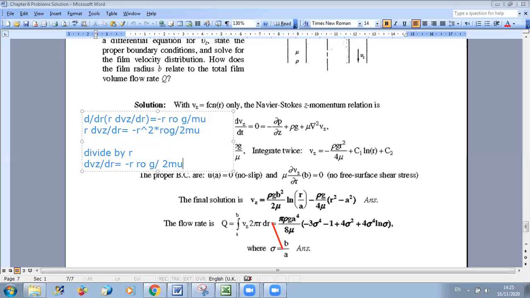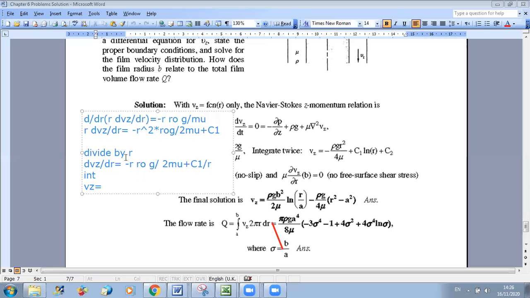Now I integrate a second time with respect to r. We forgot to add a constant, so please don't forget the constant, plus c1, and when we divide by r we get plus c1 over r.